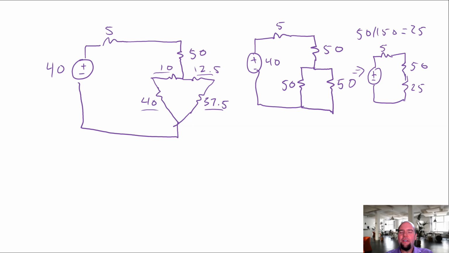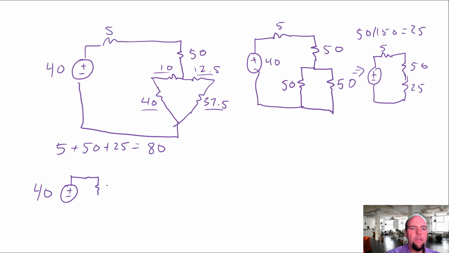And now, actually, we'll do it one more time. So now we have 5 plus 50 plus 25. It's going to be 80 ohms. So we can write this as an equivalent. So an equivalent 80 ohm resistor, 40 volts here.